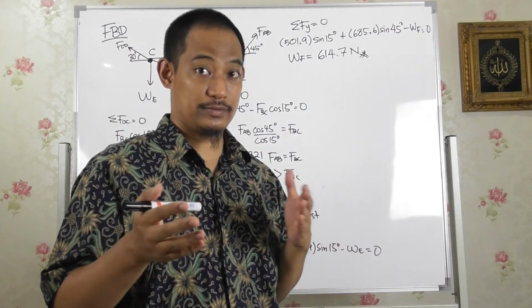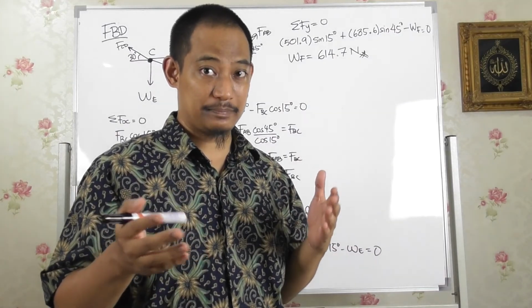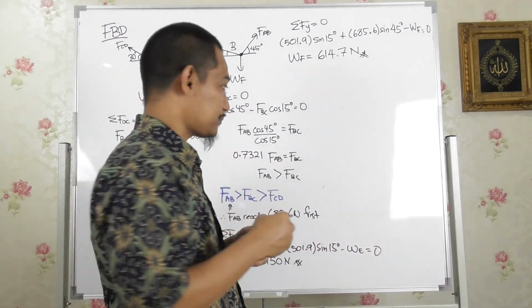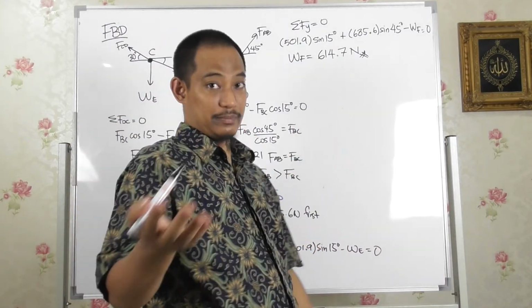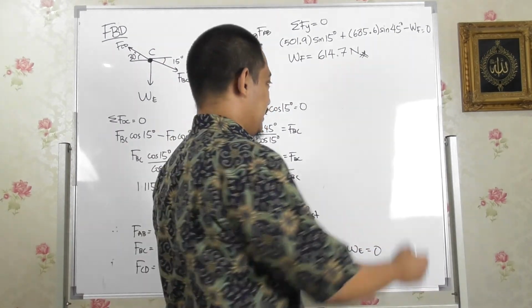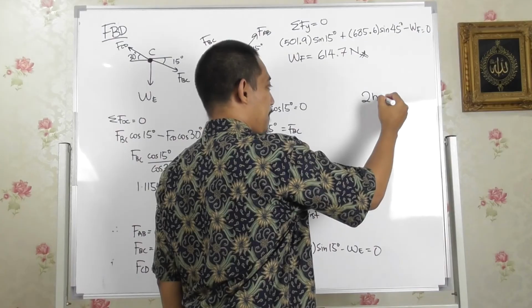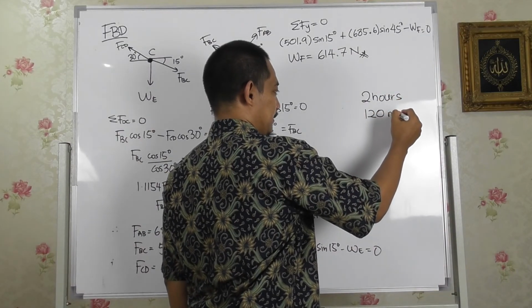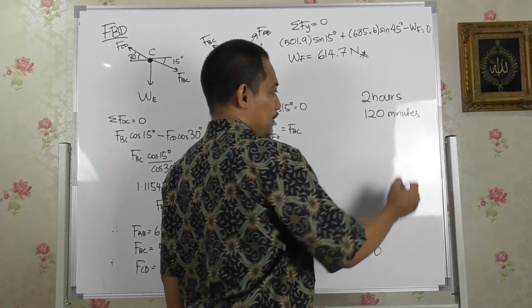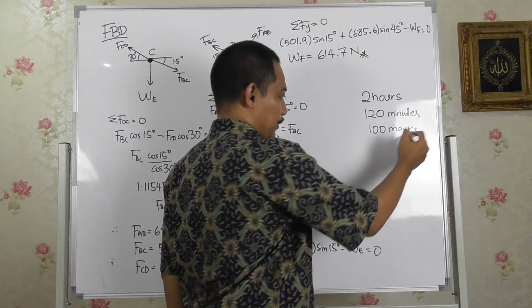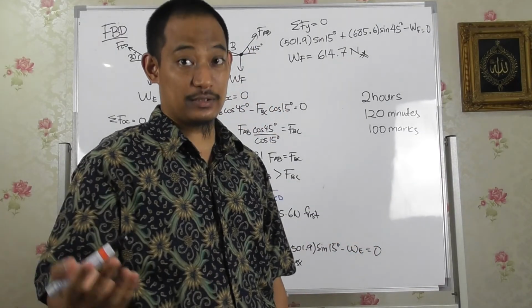Because in the exam, if I give you some idea, in the midterm, especially for this subject, these topics will tend to be in the midterm. In the midterm, you have 2 hours or 120 minutes, and that will give you 100 marks, meaning if you add all the marks in the exam, it is 100 marks.